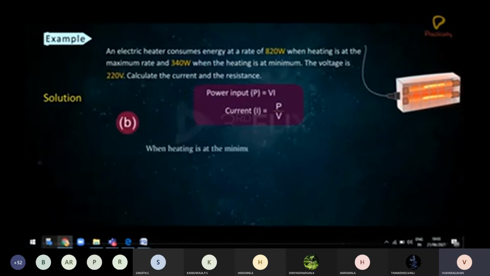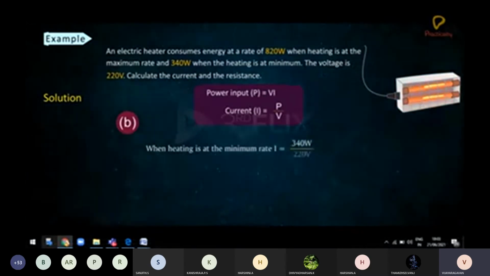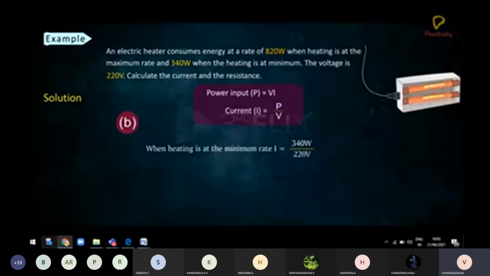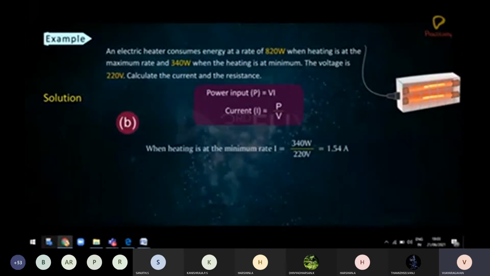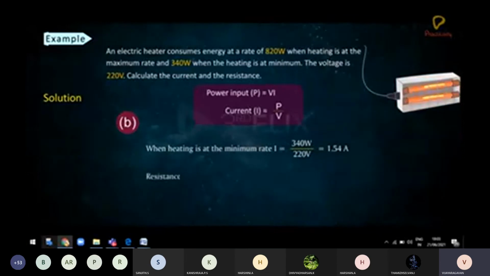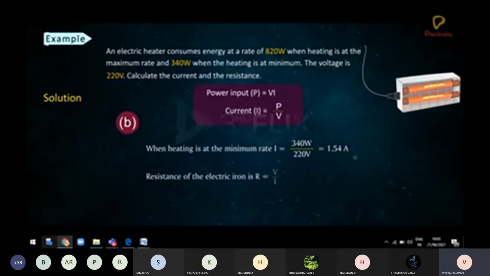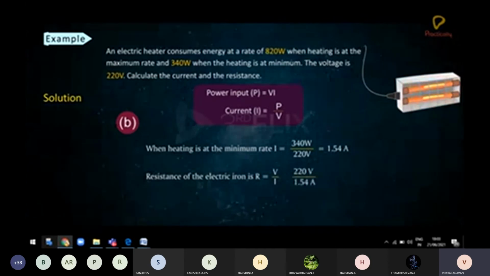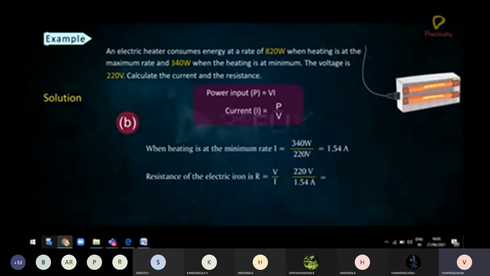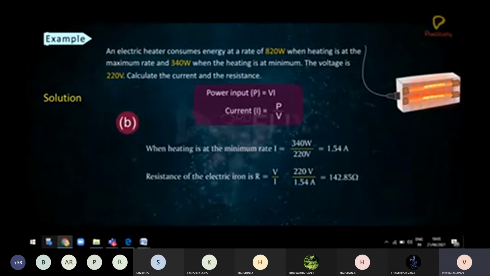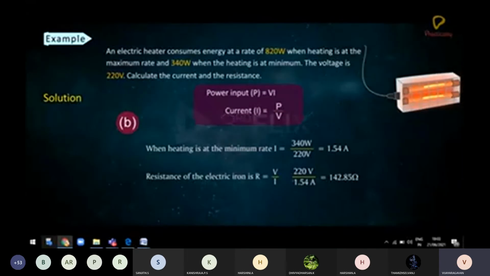When heating is at the minimum rate, I = 340 watts / 220 volts = 1.54 amperes. Resistance of the electric iron is R = V/I = 220 volts / 1.54 amperes = 142.85 ohms.